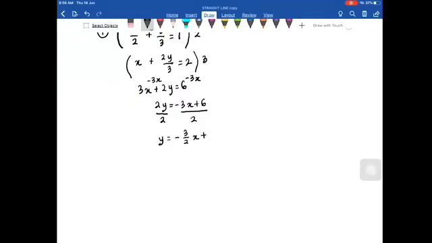So my gradient will be negative 3 over 2. So my new equation will be y equals to negative 3 over 2x plus c.